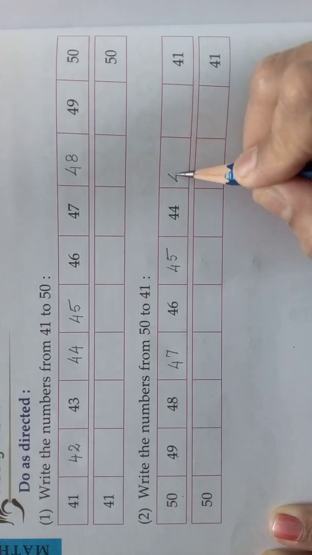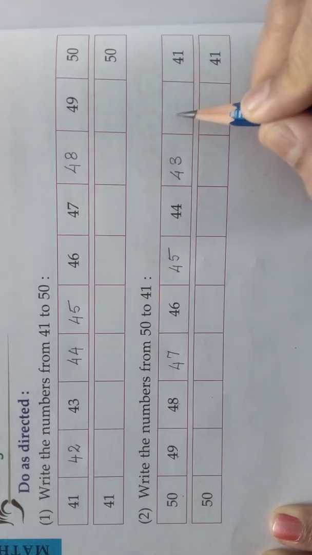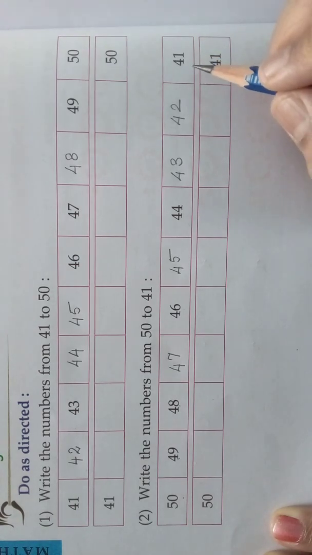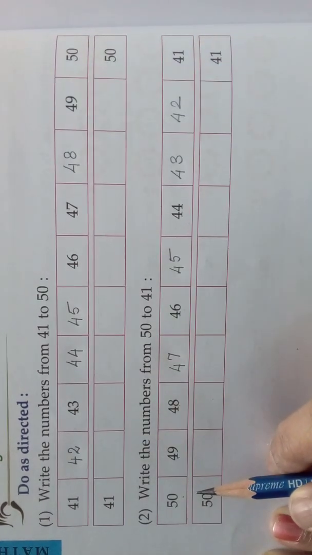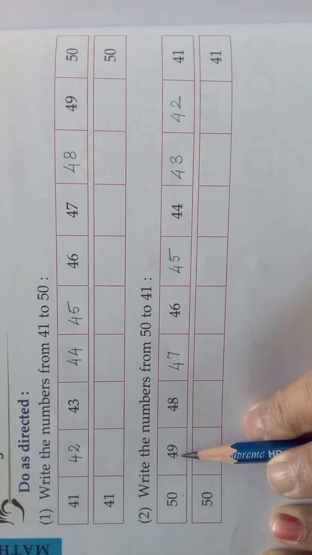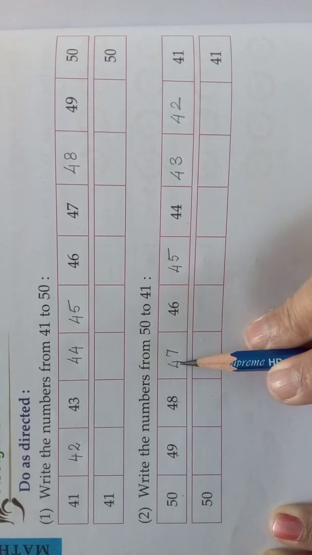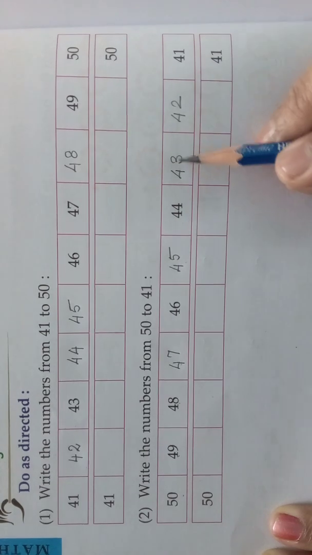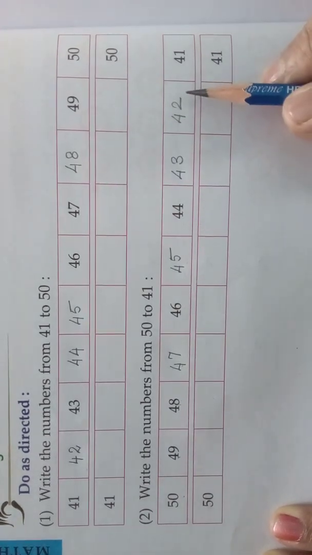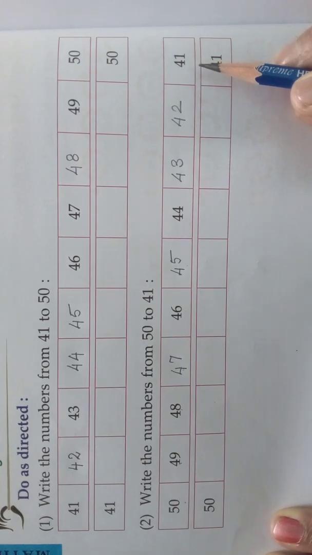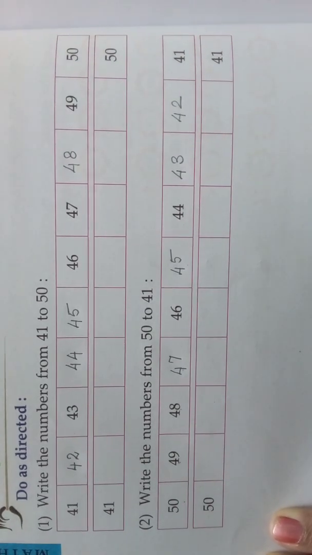Before 44, 43. Before 43, 42. Before 42, 41. So, we should write the numbers in descending order. See here: 50, 49, 48, 47, 46, 45, 44, 43, 42, 41. So, we are writing the numbers in descending order here.